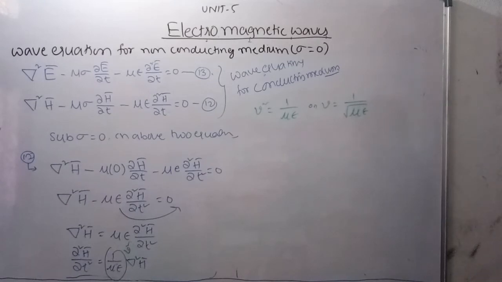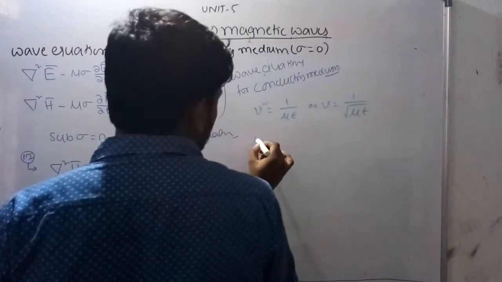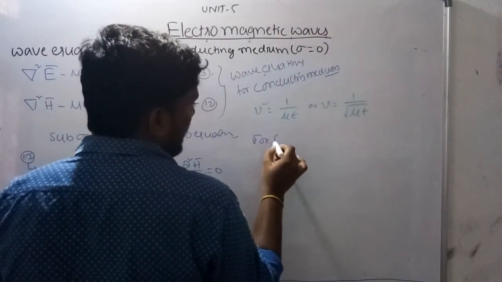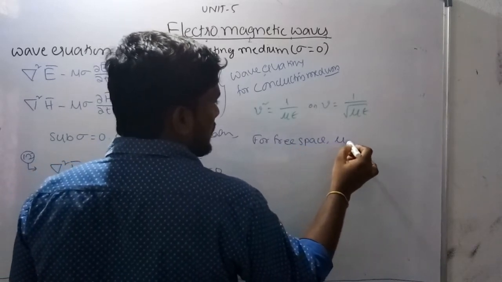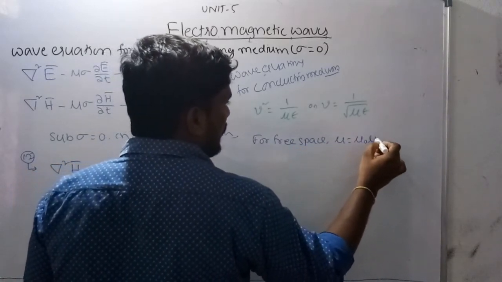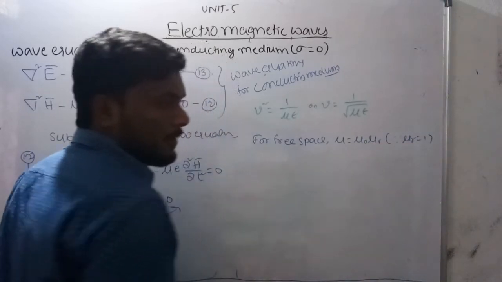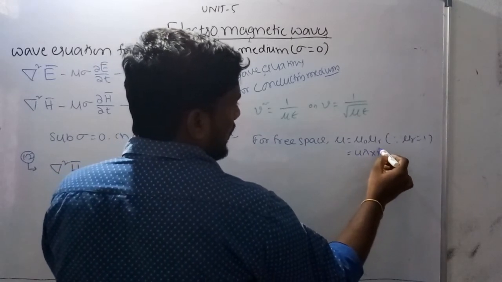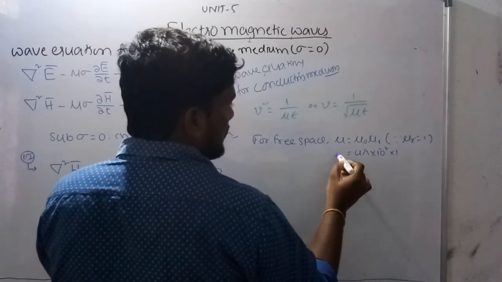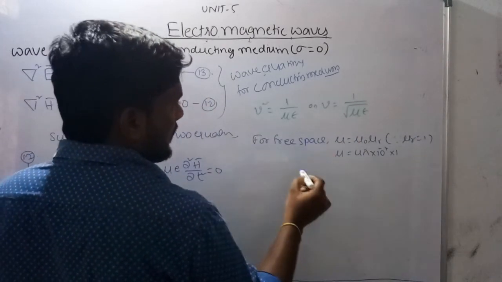Now, can we calculate the velocity of wave in free space? For free space, mu is equal to mu naught into mu r. Here mu r is equal to 1 for free space, and the value of mu naught is 4 pi into 10 to the power of minus 7. This is the mu value in free space.